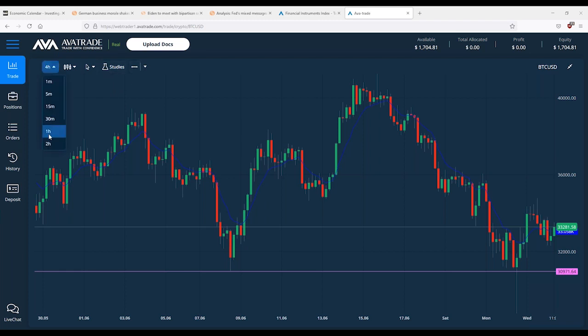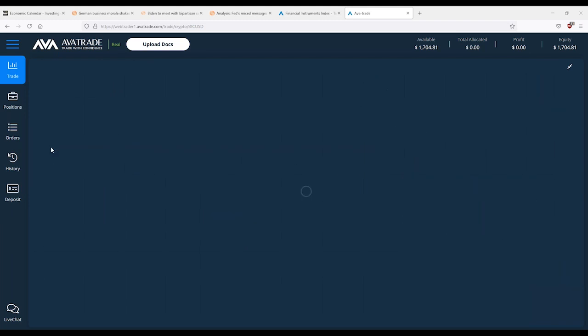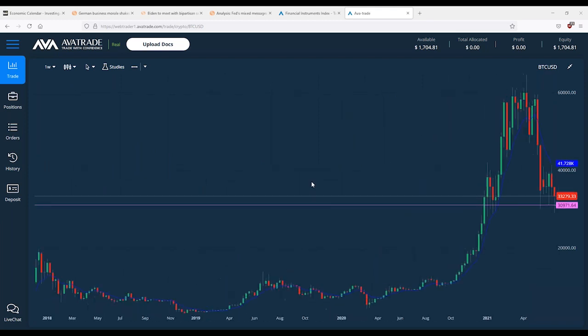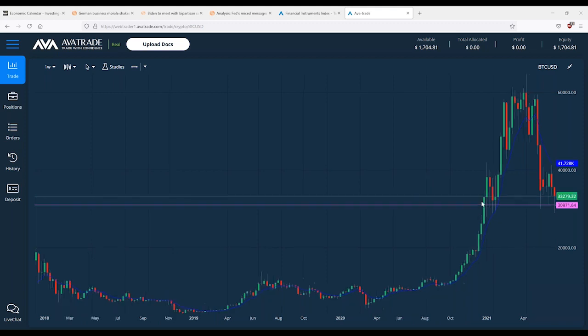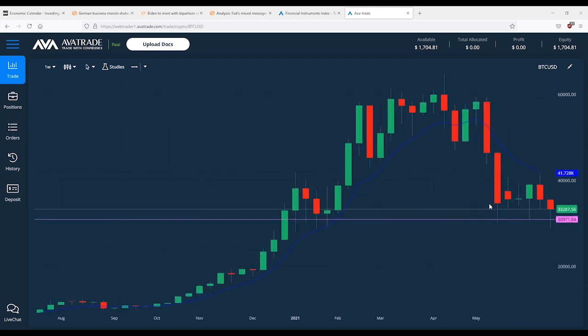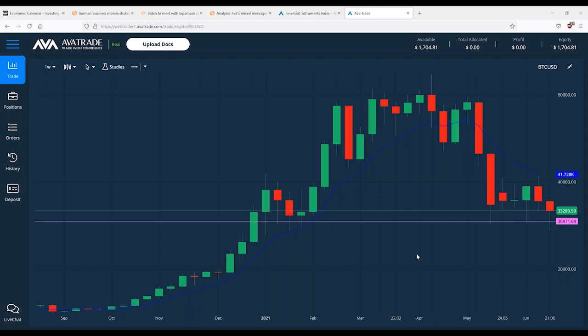If we go and look at larger candles, let's go to 1 week candles and scroll back a bit. Okay, we see that right here. As we're looking at this movement, let's draw another line. 20,000 is right here, approximately.